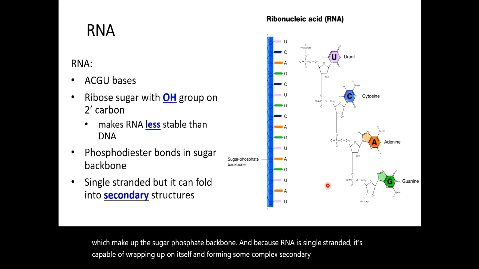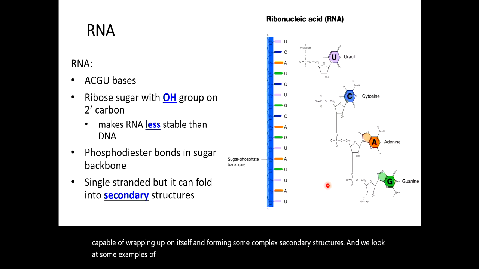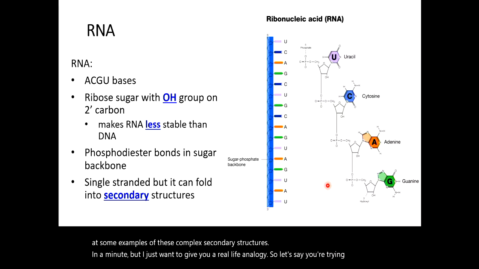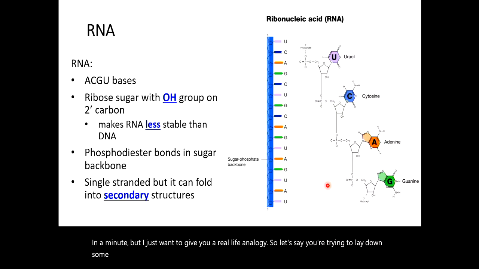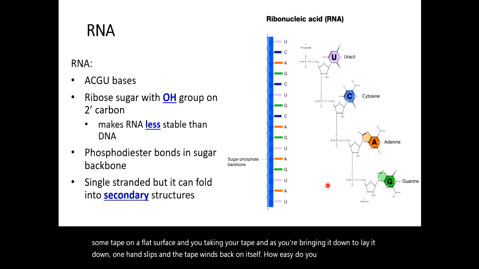We'll look at some examples of these complex secondary structures in a minute, but I just want to give you a real life analogy. Let's say you're trying to lay down some tape on a flat surface, and as you're bringing it down, one hand slips and the tape winds back on itself. How easy do you think it is to unravel that tape?